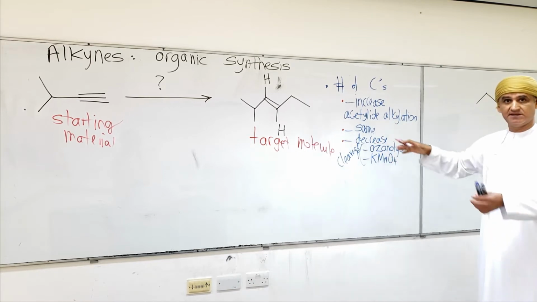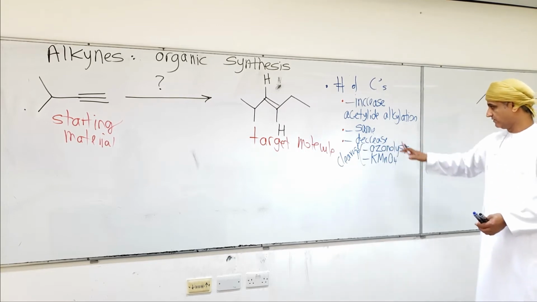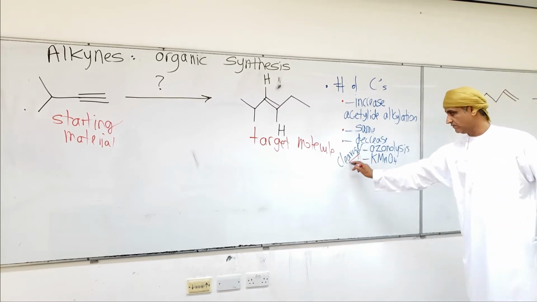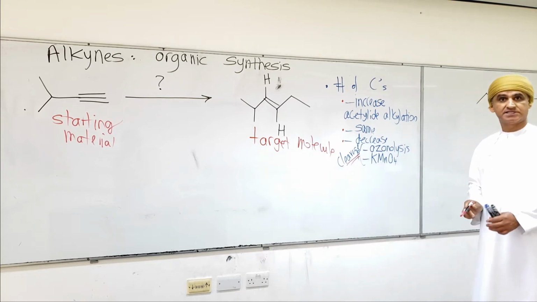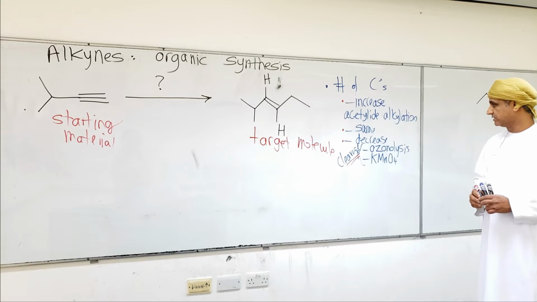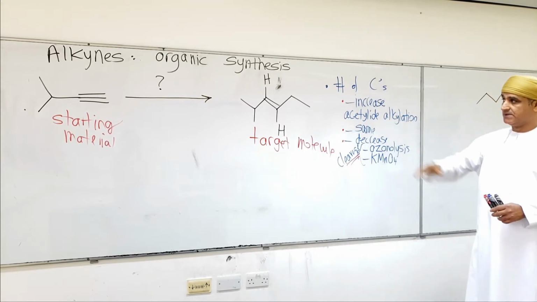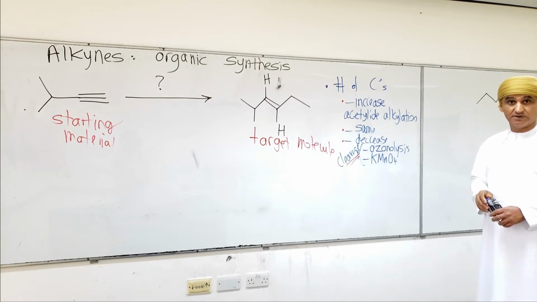If it's the same, then no, there's no such reaction. If there's a decrease, also there's no such reaction. If there is a decrease, then we should think of cleavage reactions, such as ozonolysis or KMnO4-induced cleavage reaction. So the number of carbons is very important to note in the target molecule.